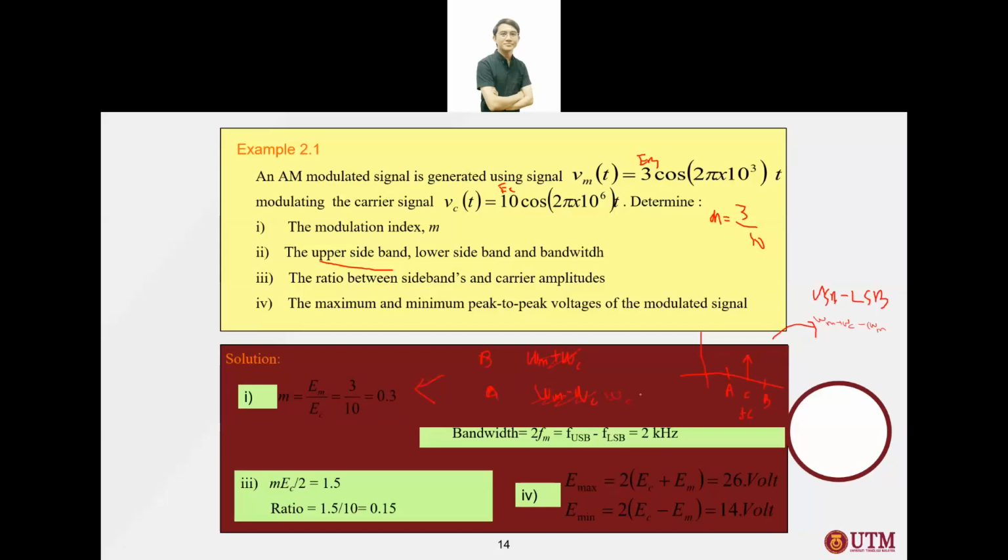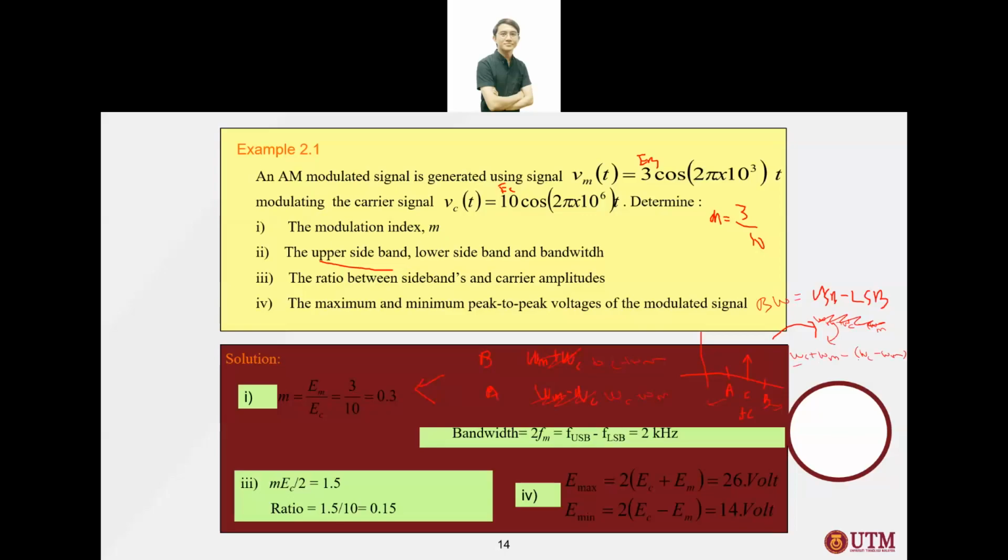Omega c minus omega m, omega c plus omega m. So this one is omega c minus omega m. So upper side band and lower side band, for us to get the bandwidth. Upper side band is omega c plus omega m minus lower side band, omega c minus omega m.